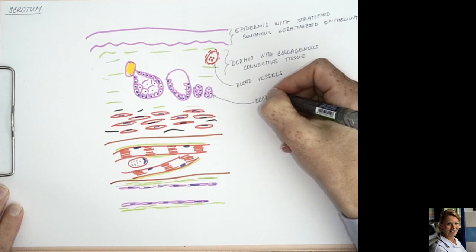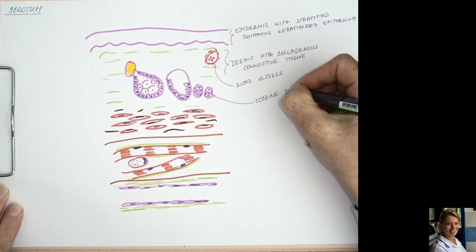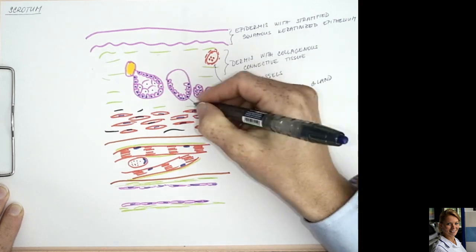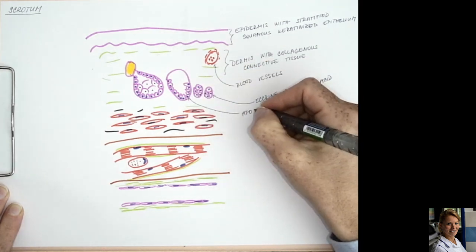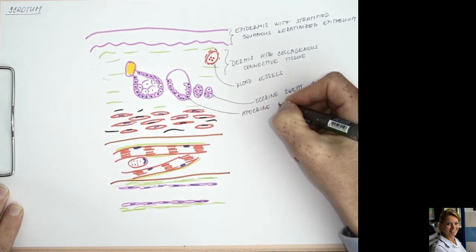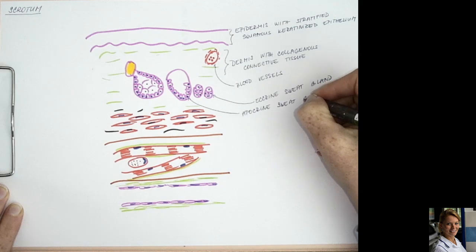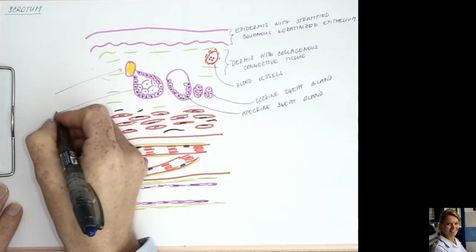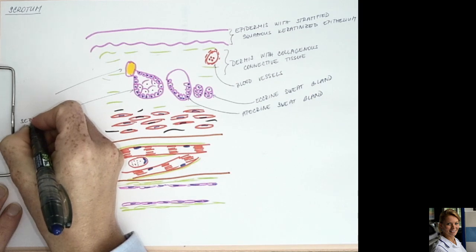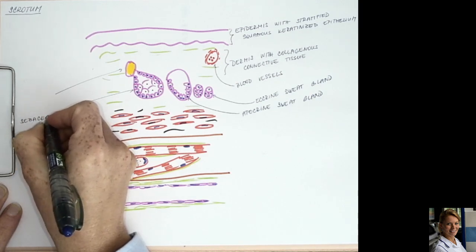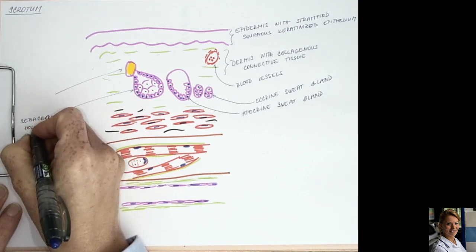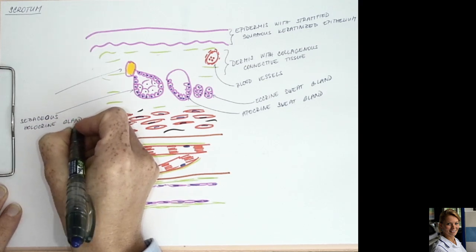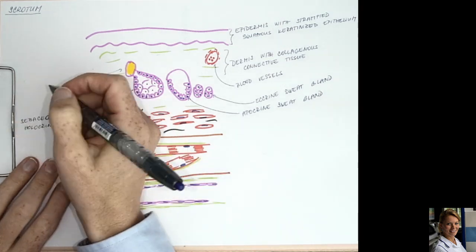Eccrine sweat glands. Apocrine sweat gland. And sebaceous gland. Holocrine. Which is associated to hair follicle.